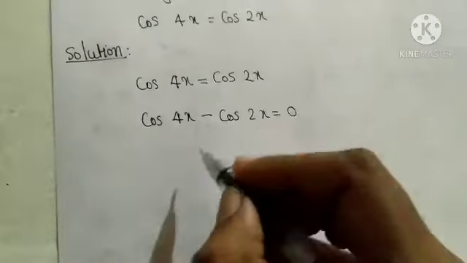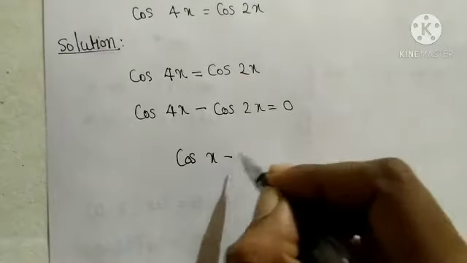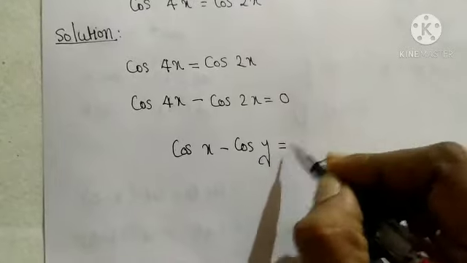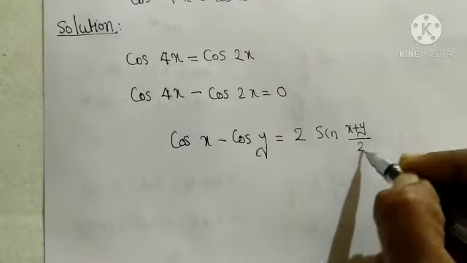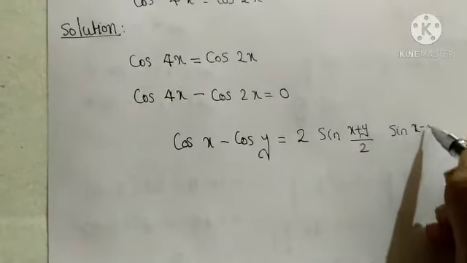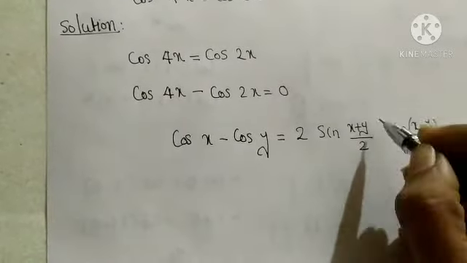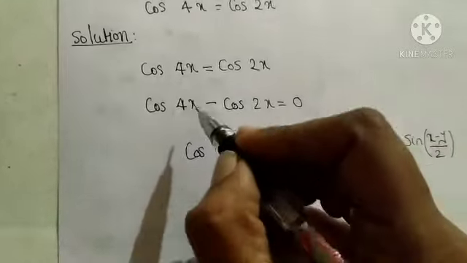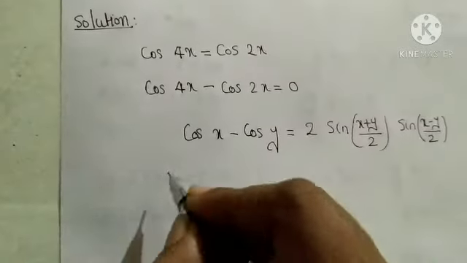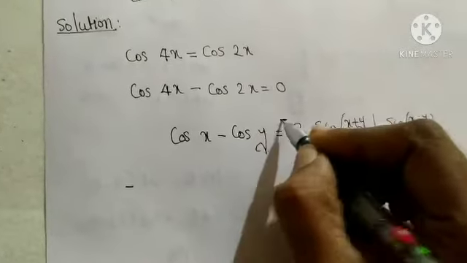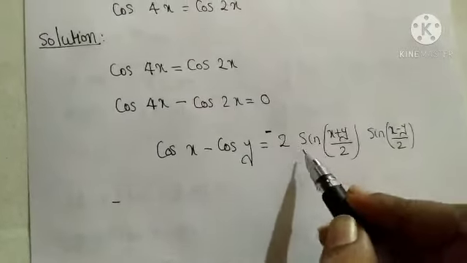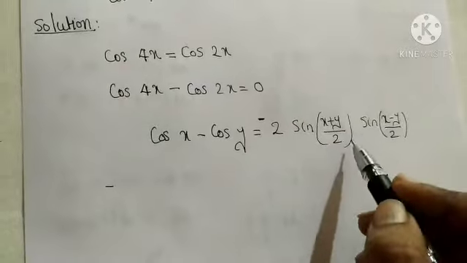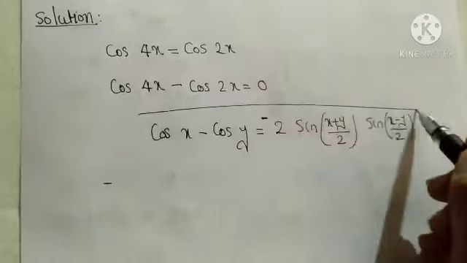Okay, we know that cos x minus cos y is equal to minus 2 sin (x plus y) by 2 into sin (x minus y) by 2, right? The minus is present here.